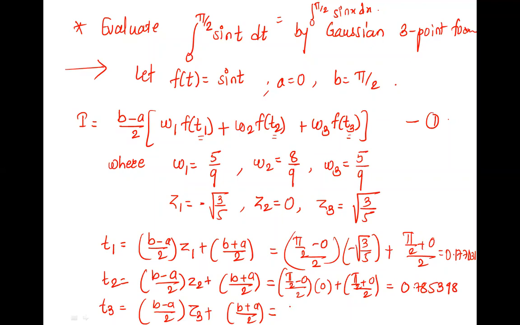T3 equals (pi by 2 minus 0 upon 2) into Z3, which is root of 3 by 5, plus (pi by 2 plus 0 by 2).